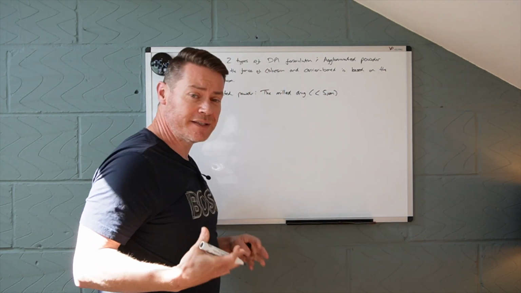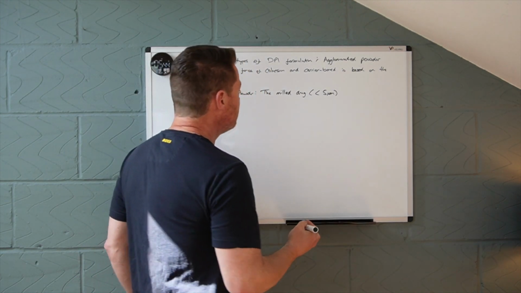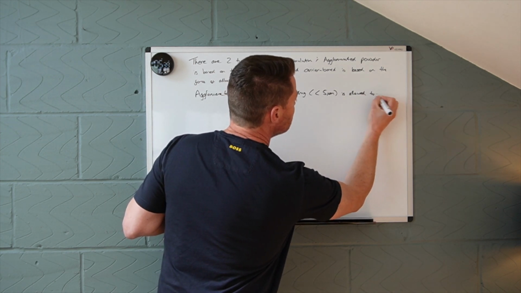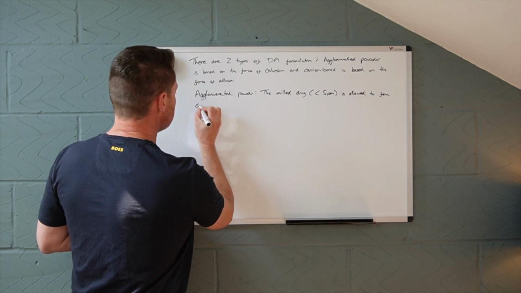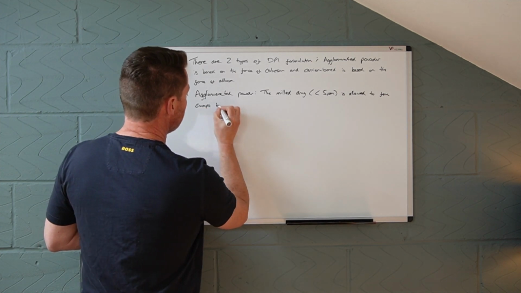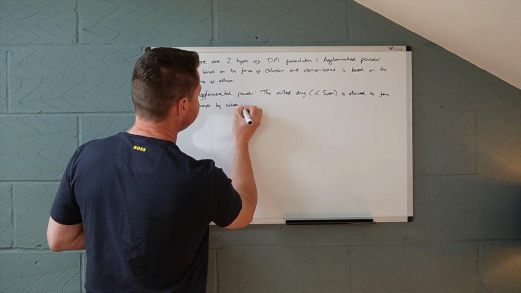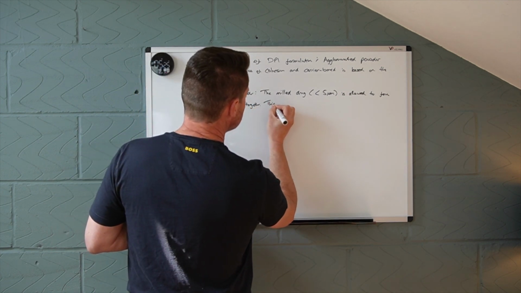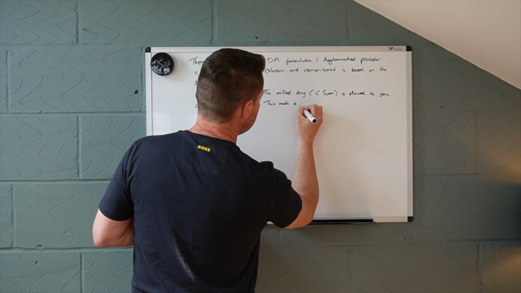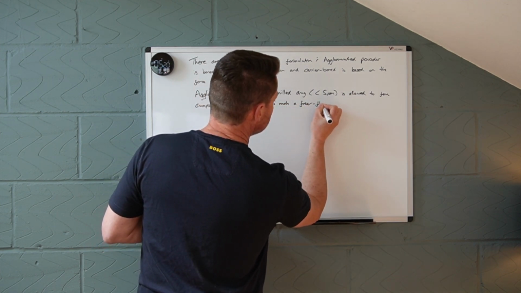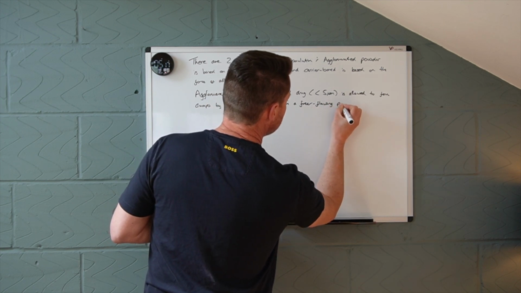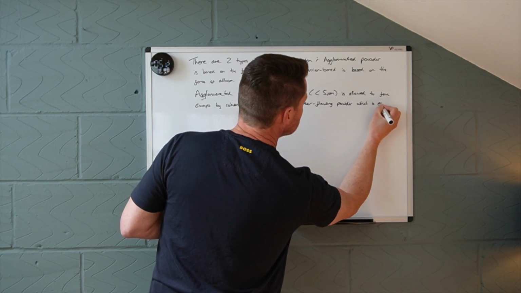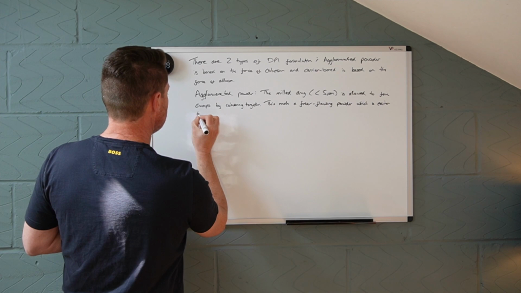So you're showing you understand something about what the powder needs to show, is allowed to form clumps by cohering together. This makes a freer flowing powder, which is easier to handle.